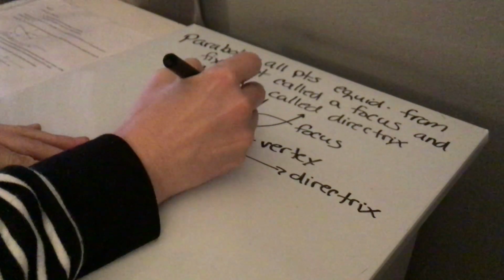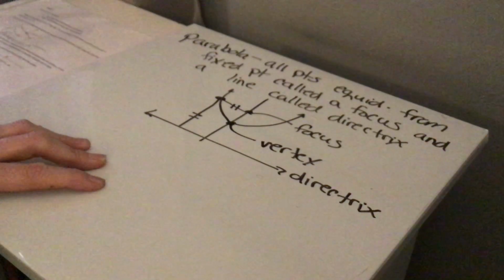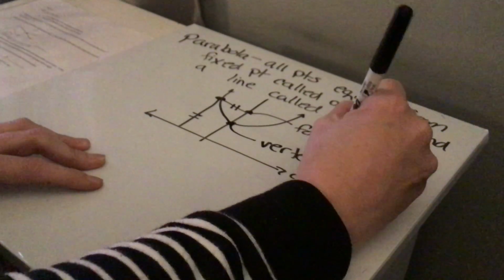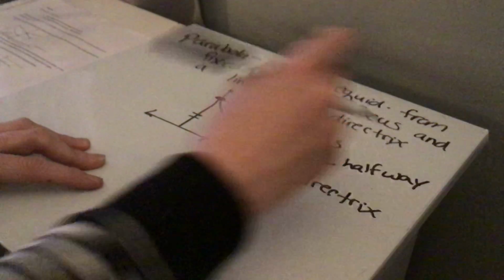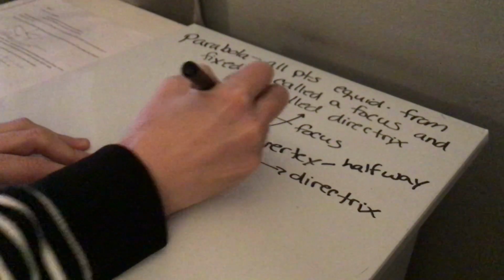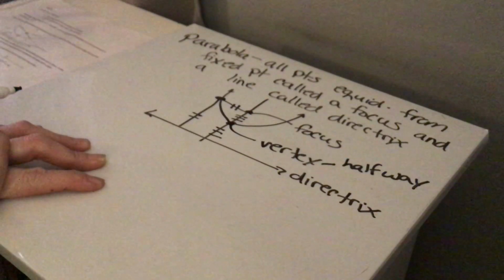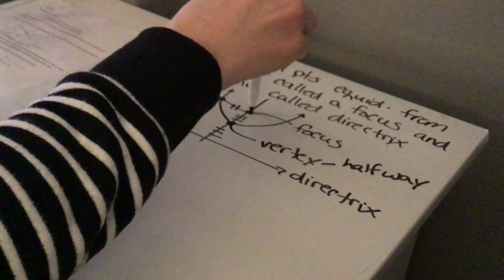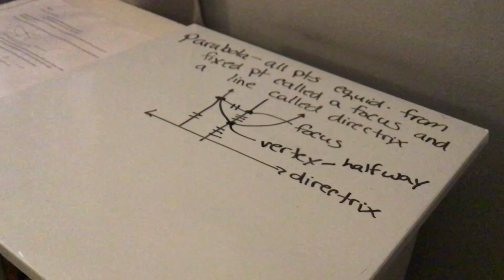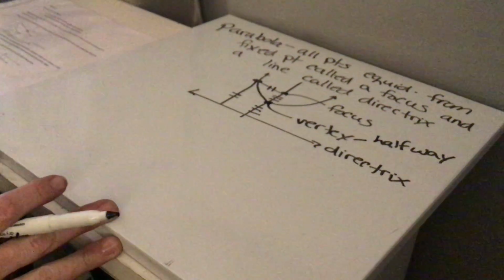So these have to be congruent parts, okay? The vertex is halfway between the two, because it has to be equidistant from the focus and the directrix, okay? So every point is equidistant to this fixed point and this directrix, okay?